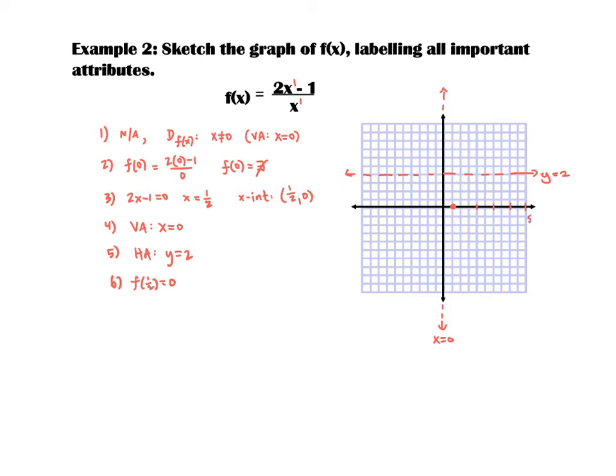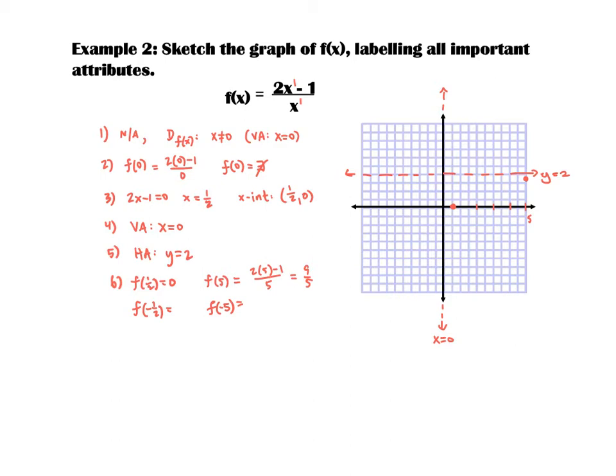Let's do f of 5, f of negative 1/2, and f of negative 5. Keep it symmetrical here. So f of 5 would be 2 times 5 minus 1 over 5, which is 9/5, just short of 2. That makes sense.